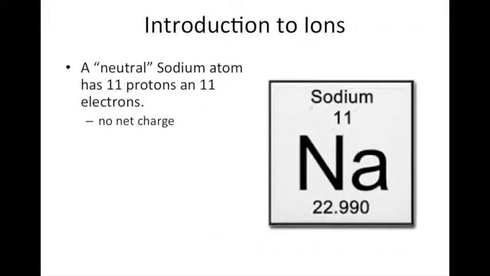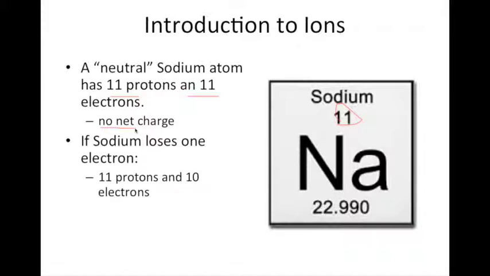Here we have sodium. The sodium atom has 11 protons, so a sodium atom will have 11 protons, 11 electrons, and no net charge. Sodium is a metal, so if the sodium atom lost an electron, then it would still have 11 protons, but it would have 10 electrons.